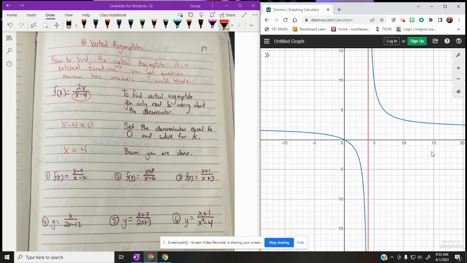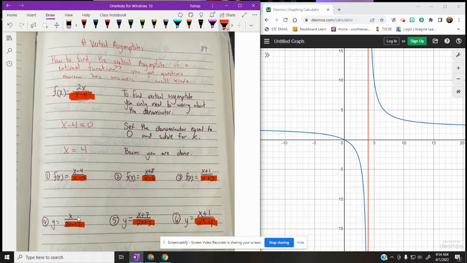So what we do is we take the denominator of our rational function, and we set that equal to 0, and then we solve for x. So for all these problems where we're looking for the vertical asymptote, we are only looking at the denominator.